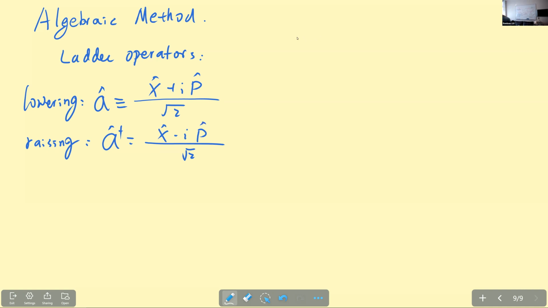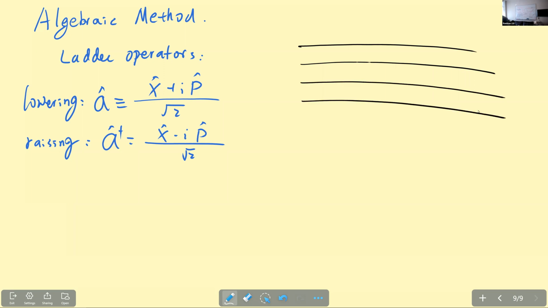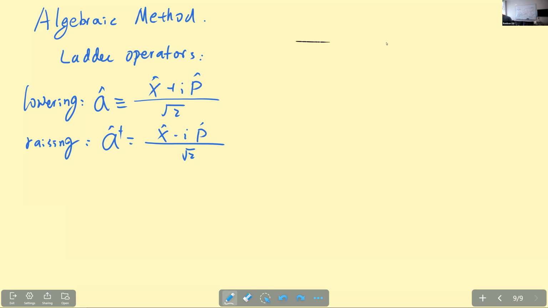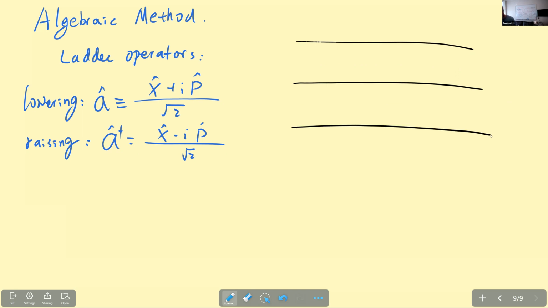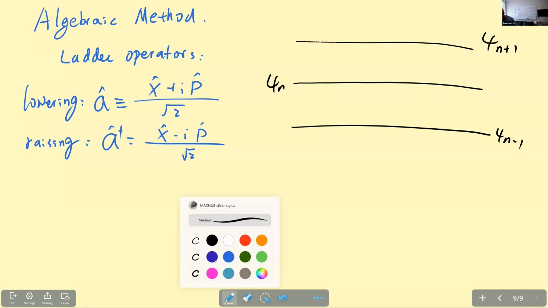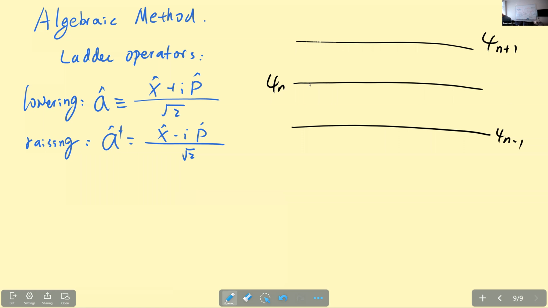Remember the states: this is the state m, this is m plus 1, this is m minus 1, so the energies are equally spaced, like a ladder. Now suppose you have a state and you apply x.